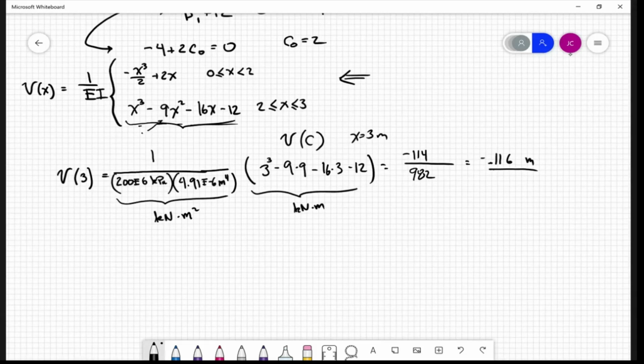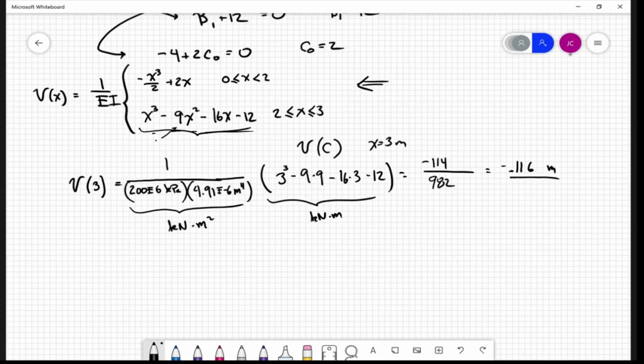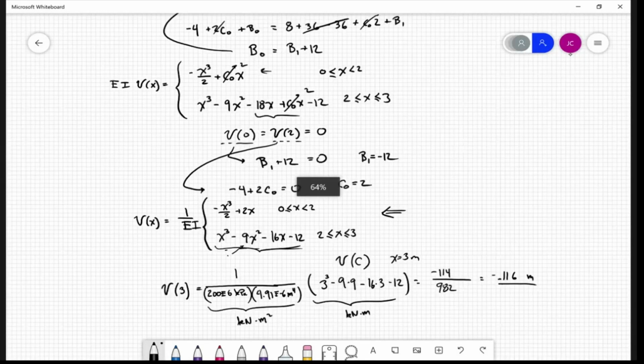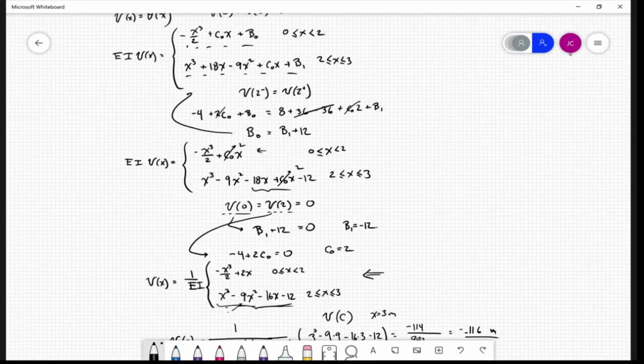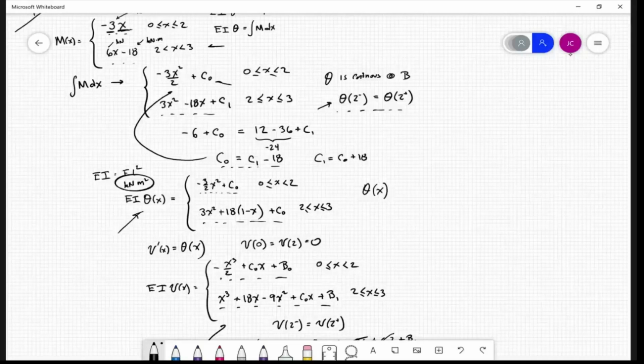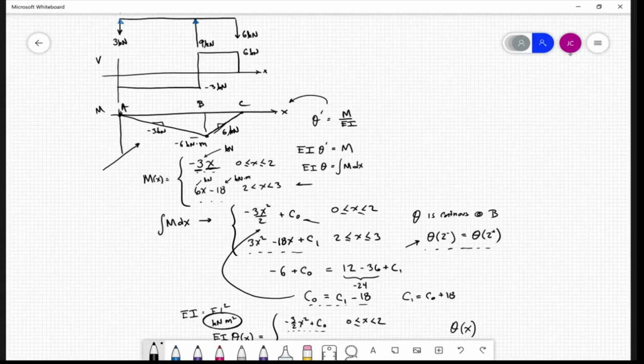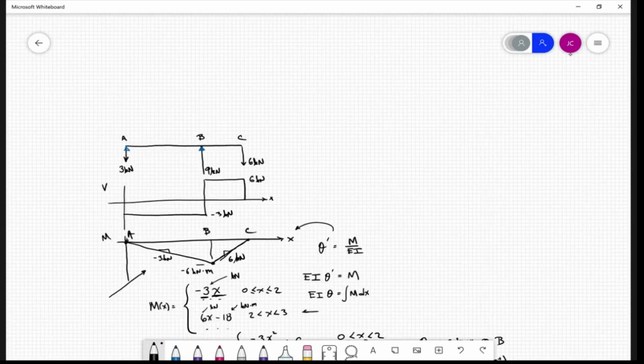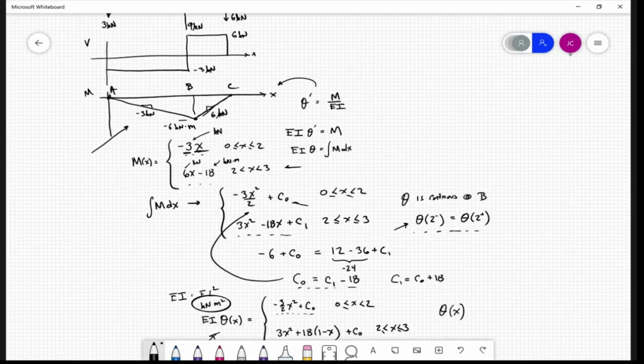Okay. So, like I said, unfortunately, because the boundary conditions can end up either on the slope equation or on the deflection equation, you can't always directly get the answer from each level of integration. So in this particular case, we had two boundary conditions on the deflection, right?